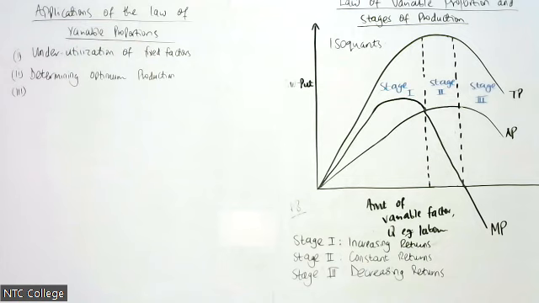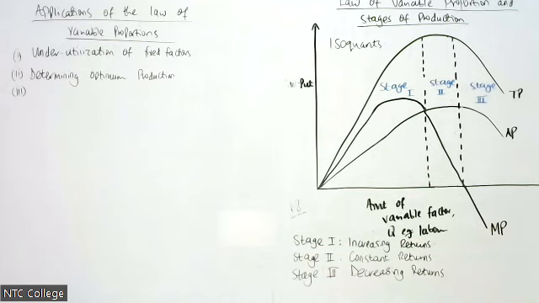That is number 3, I believe. Helps producers understand the limits of a fixed factor of production.